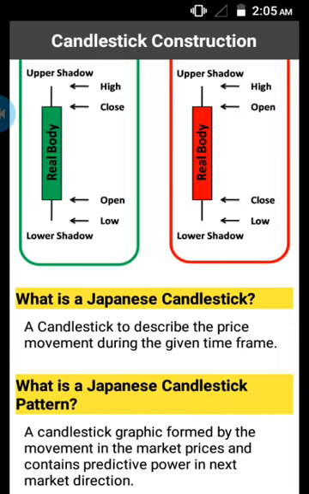Let's say that's 4 minutes. It stopped there. And then, after 4 minutes, going to the 5th minute, it pushed itself down a little bit to the point where it is indicated close. That is how the candlestick works.